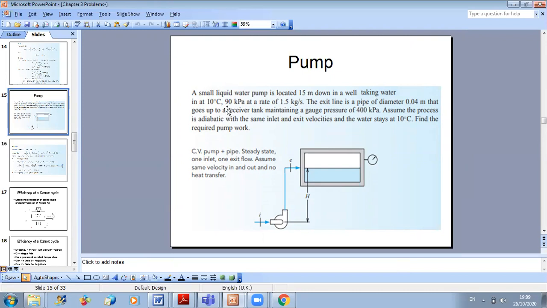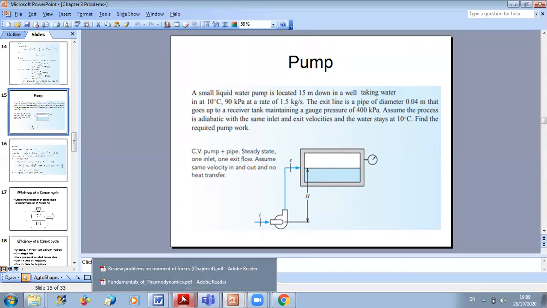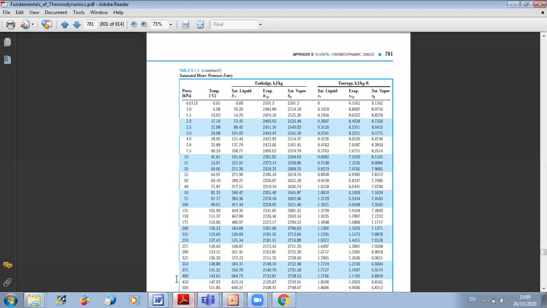So you have 90 kilopascal and 400 kilopascal. Let us go to a table in the compressed liquid and look at the value of V for 90 kilopascal and for 400 kilopascal. Okay, let us do it. But first, let us find V from this table. If you go to the saturated water table, your temperature is 10 degrees.